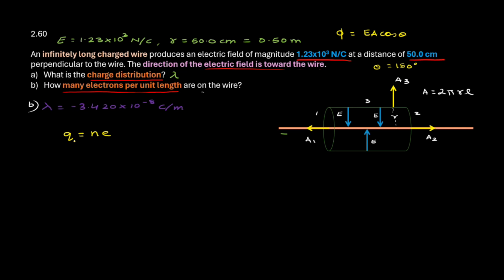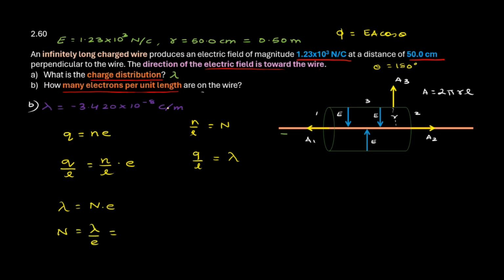So we can divide both sides by the length L and you get Q over L equals N over L into E. N over L, which is the number of electrons per unit length, I will write as capital N. And we know that Q over L, which is charge per unit length, is nothing but the line charge density lambda. So we will rewrite this expression as lambda equals N into E. So we will solve for N as lambda over E.